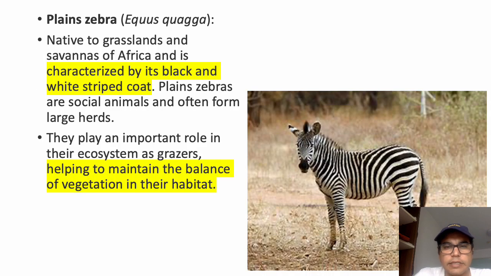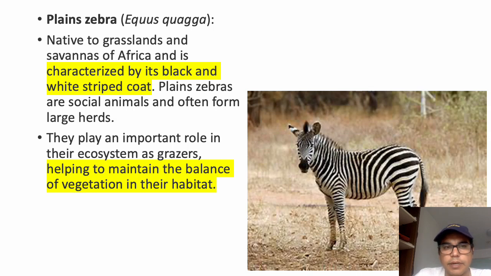Now if we see the plains zebra, there are stripes even on their belly. They are again native to Africa, and if we compare to the previous one, the stripes here are comparatively larger, meaning if we talk about their width, it has more width of the stripe as compared to the previous one.